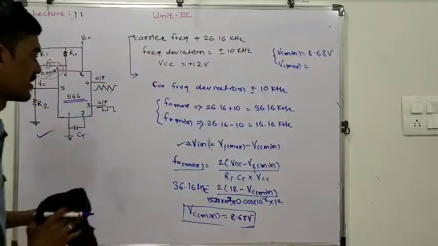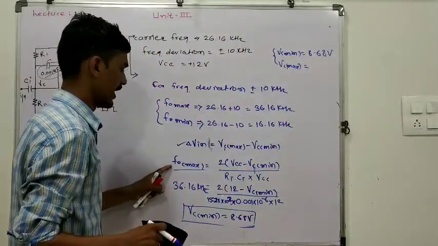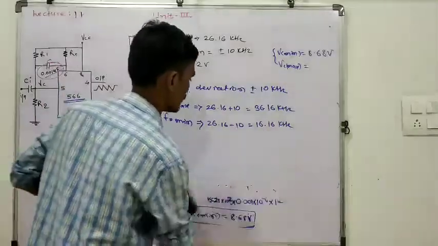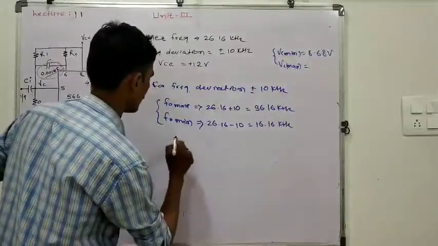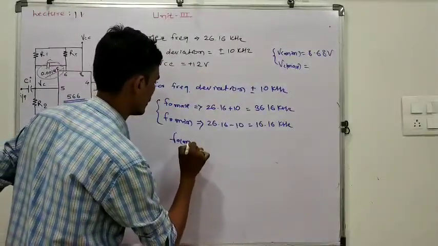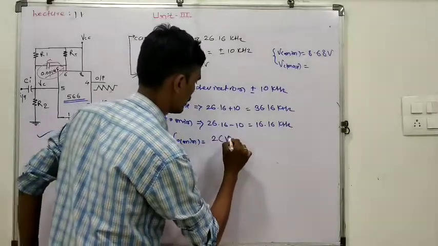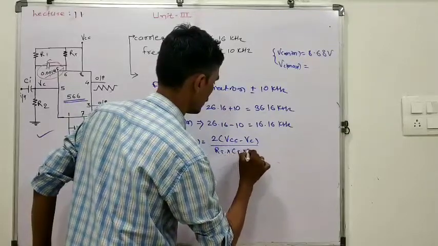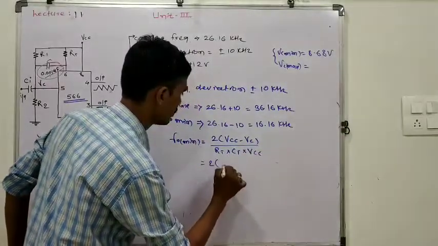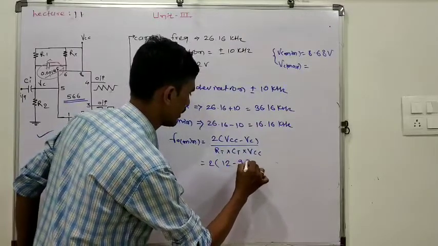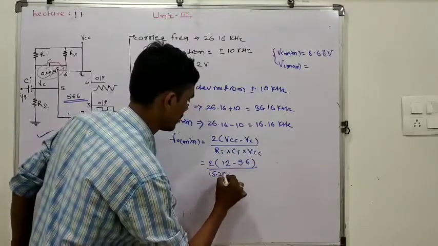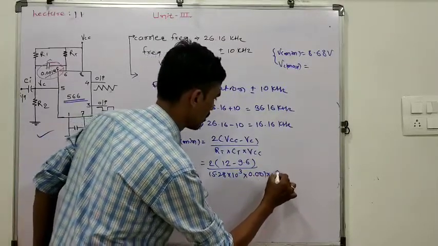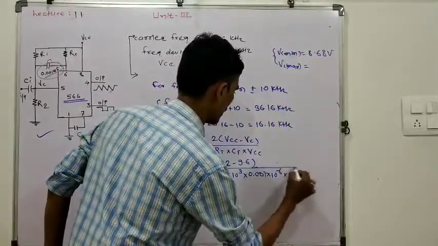Now next we have to calculate the F0 min for the Vc max. So F0 min is equal to 2 into Vcc minus Vc divided by RT into CT into Vcc. It is 2 into Vcc 12 minus 9.6, over 15.28 multiplied by 10 raised to power 3 into 0.001 into 10 raised to power minus 6 into 12.